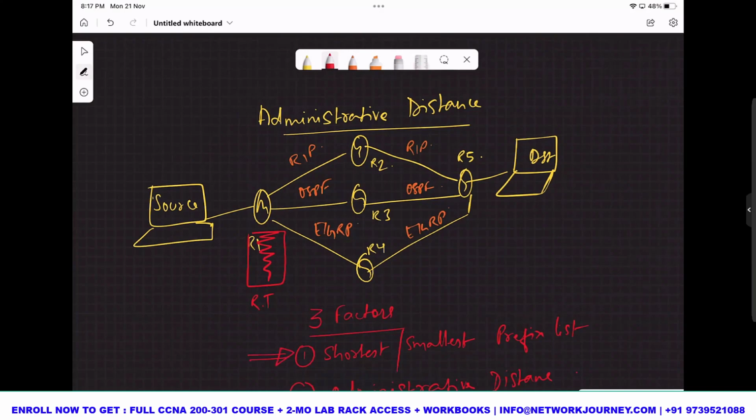The first method is about reaching this destination, which is located at 192.168.1.100. Okay.